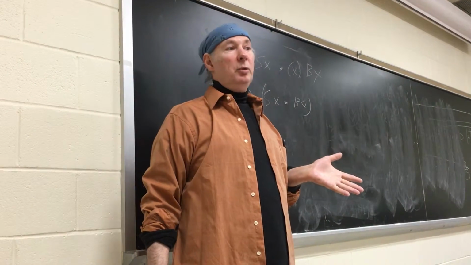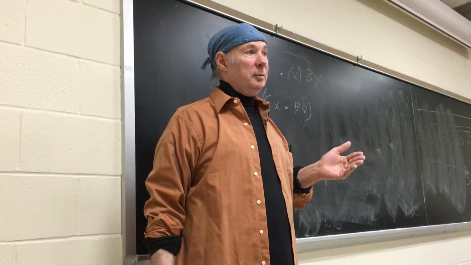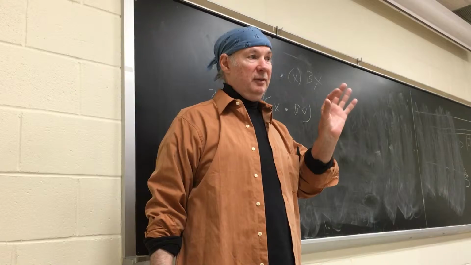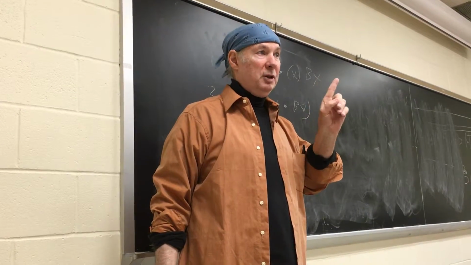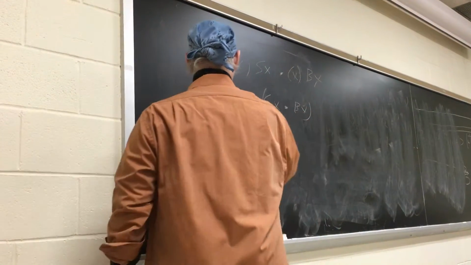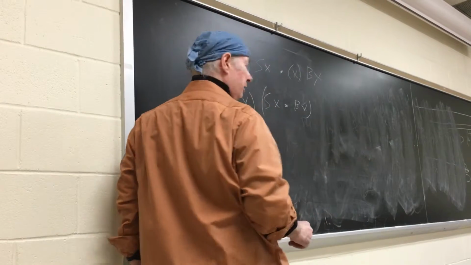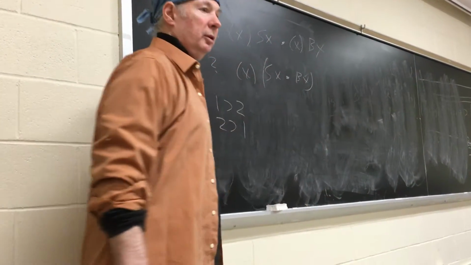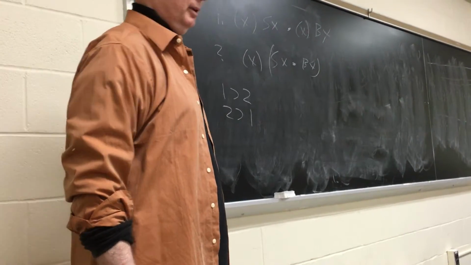Does 2 follow from 1? Does 1 follow from 2? There's 4 possibilities for these inferential relations, only one of which is the correct one. Could be that 2 follows from 1 and 1 follows from 2. That's the first possibility.